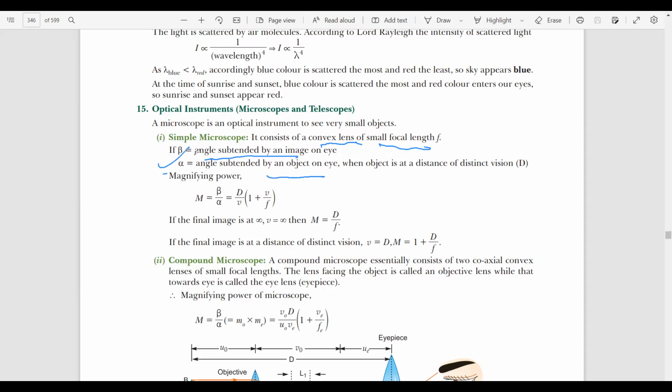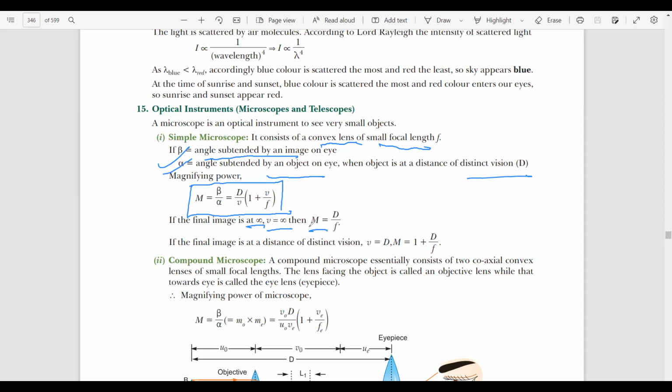Beta is for the image, alpha is for the object. The distance of distinct vision is D. Magnifying power is beta by alpha equals D by V, times (1 minus V by F). So if the image is at infinity, V is also infinity, then M equals D by F.